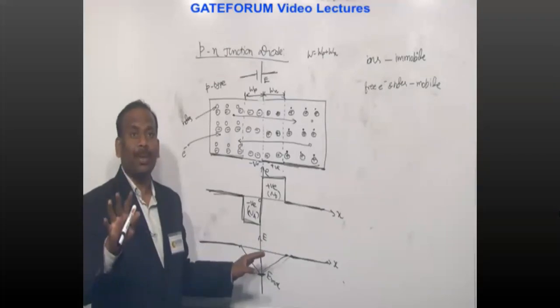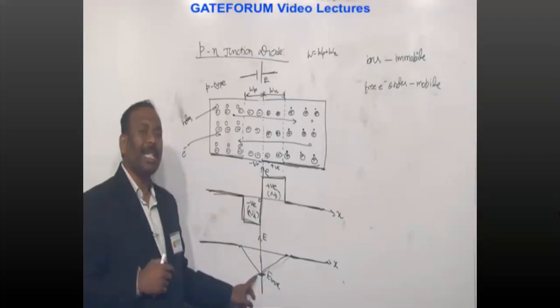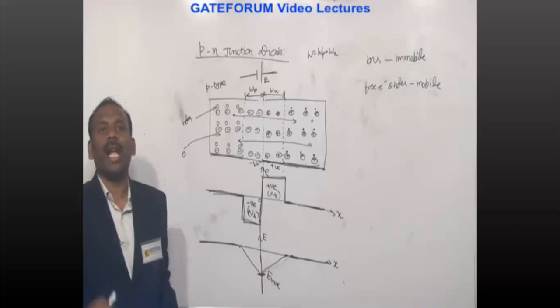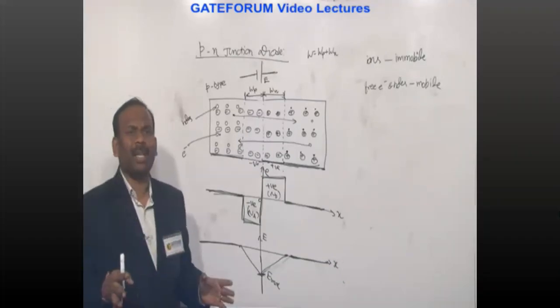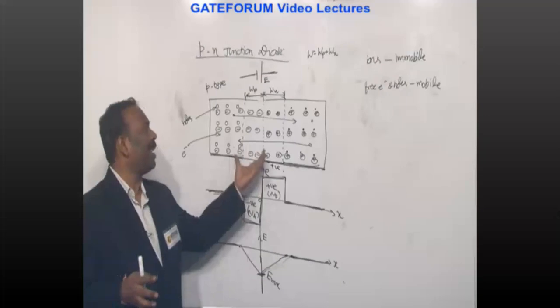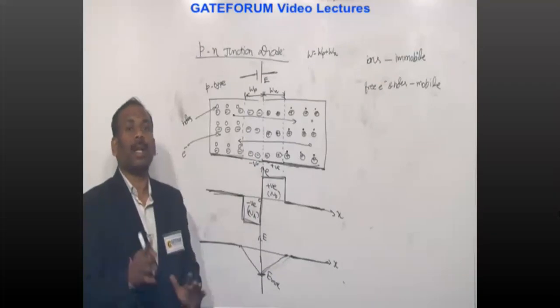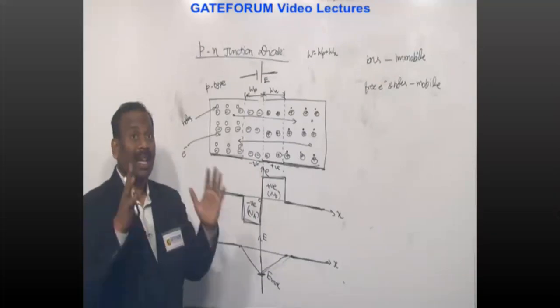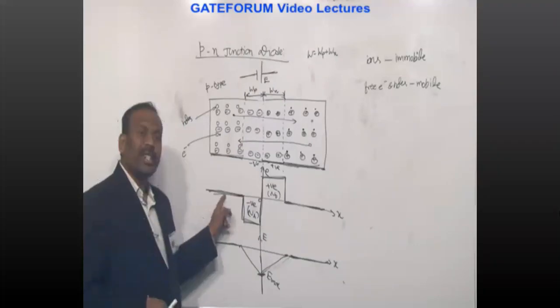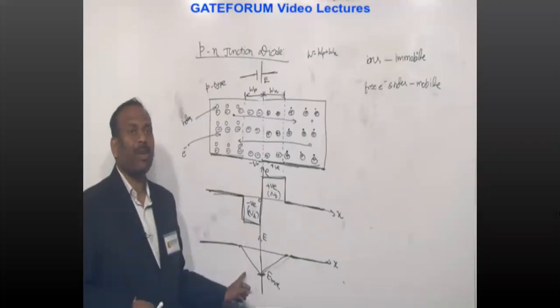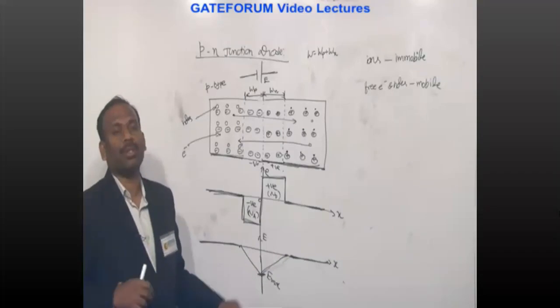The magnitude of electric field is maximum at the junction, at x equals 0. For any type of semiconductor, that means any type of doping, electric field will be maximum at the junction. Clear? So this one is the charge density plot, this is the electric field plot.